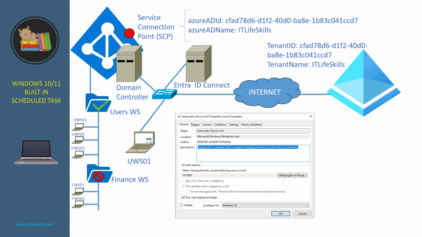Please note that this task is created by default on supported Windows versions like Windows 10 or 11 or Windows Server 2016 or later. It is not dependent on OU membership or Entra ID Connect scope.